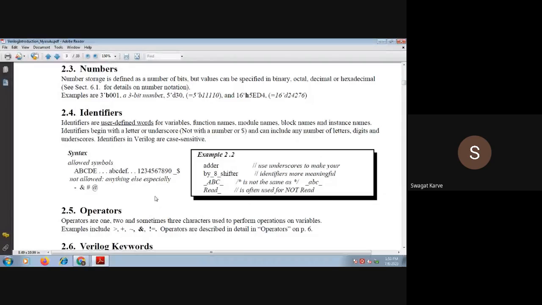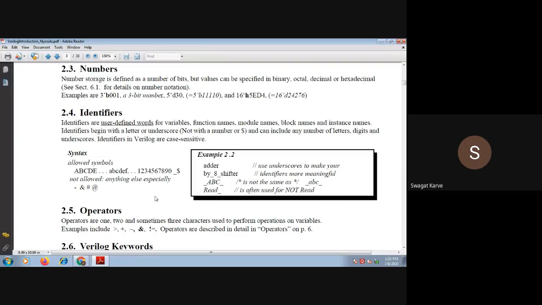Is that right? We give a name, like full adder, or whatever name you give. Similarly in Verilog, you can use identifiers, which are nothing but user-defined words for variables, function names, module names, block names, and different instances, right?